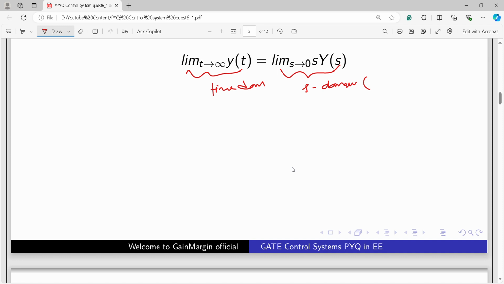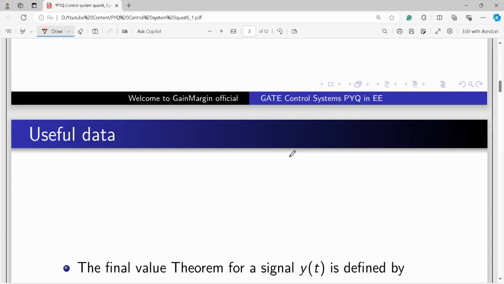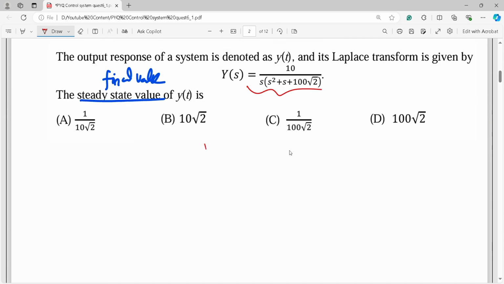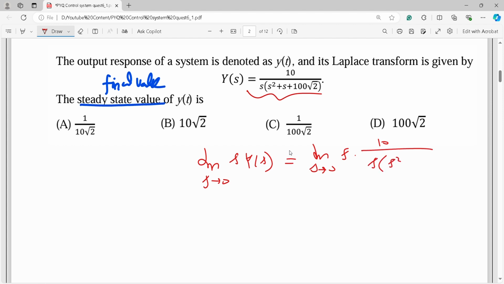Limit s tends to 0 of s times 10 / (s(s² + s + 100√2)). The s cancels out, then you put in the s value.